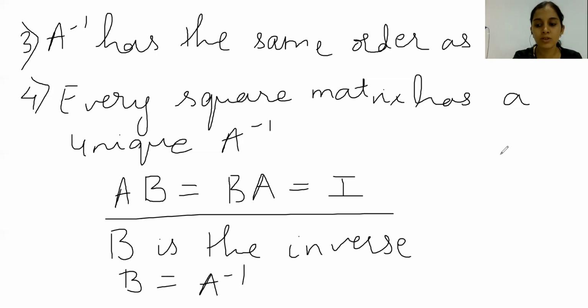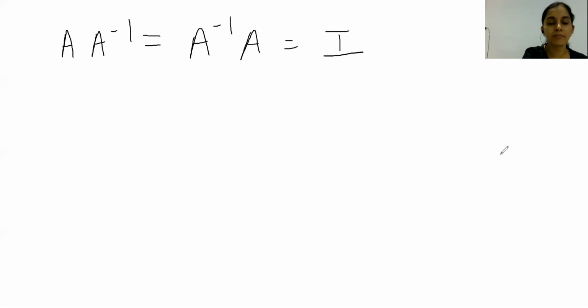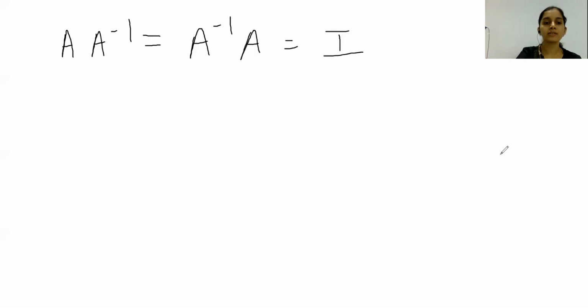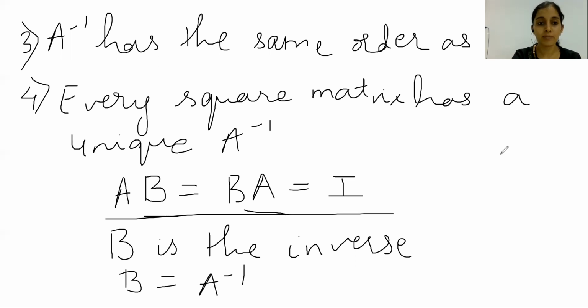Now if B is equal to A inverse, then the equation becomes A A inverse is equal to A inverse A is equal to I. Wherever there was B in this equation, I have put in A inverse. So if I have two square matrices of the same order, and I multiply them and get the identity matrix, then one is the inverse of the other. Here we can say that B is the inverse of A.